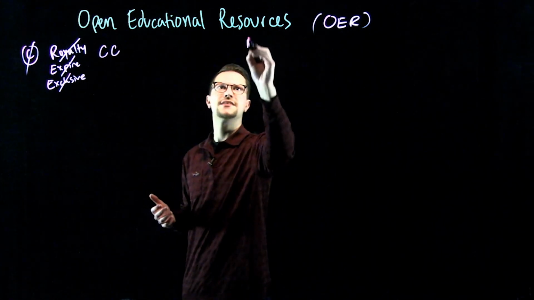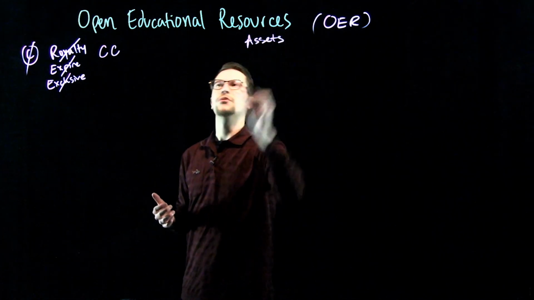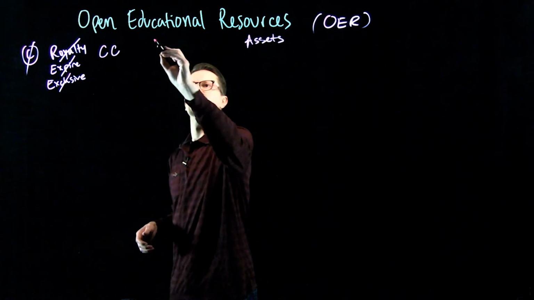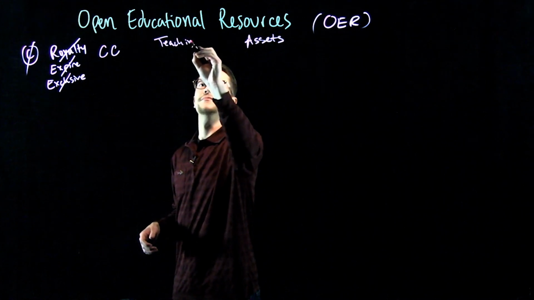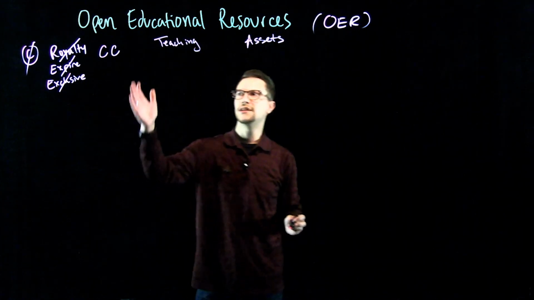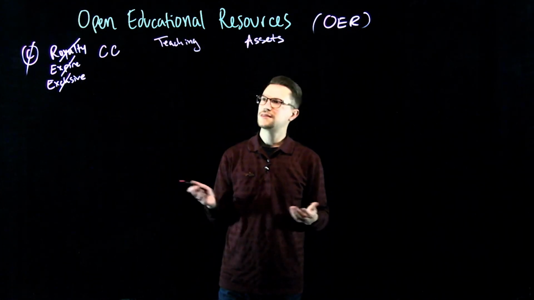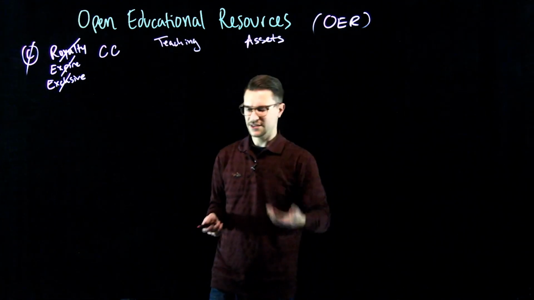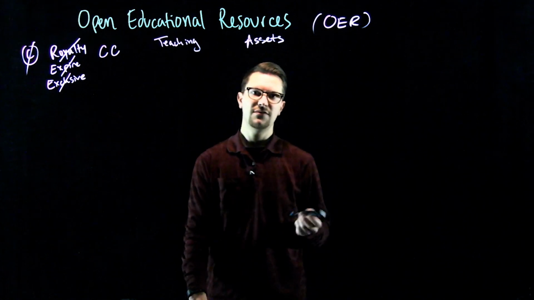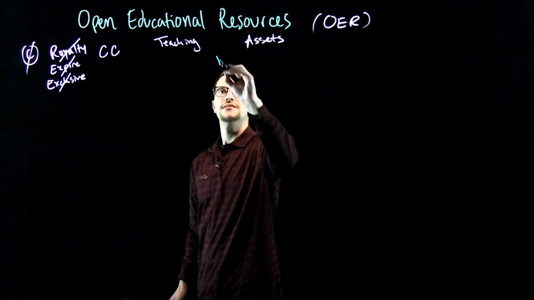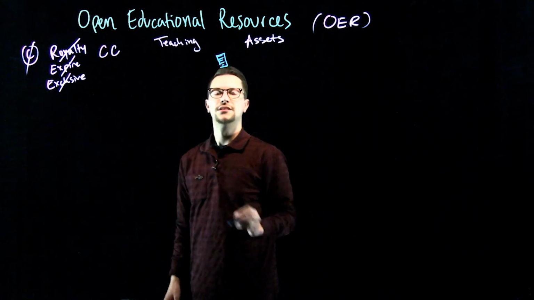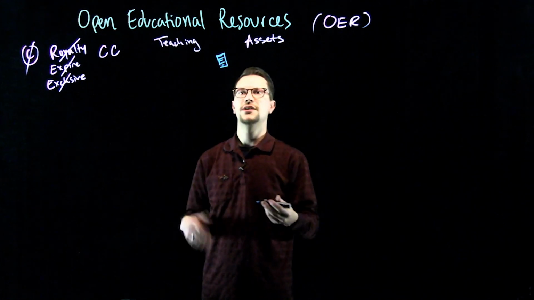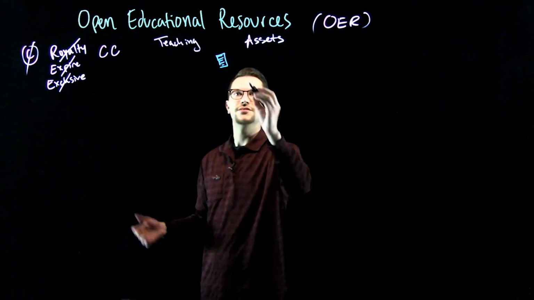Resources, of course, are assets, and what makes them educational is that they are for teaching. So assets for teaching that follow an open license. Doesn't have to be Creative Commons, but many of them are. So what counts as an asset? Well, I'll give you some examples. One is lectures, written lectures or other written materials, like journals.